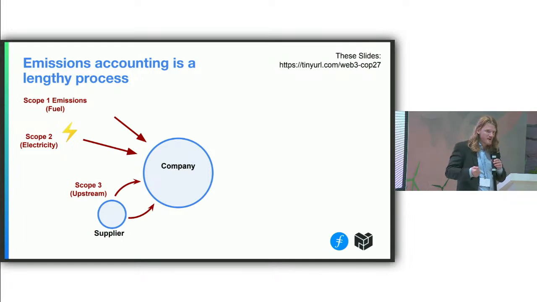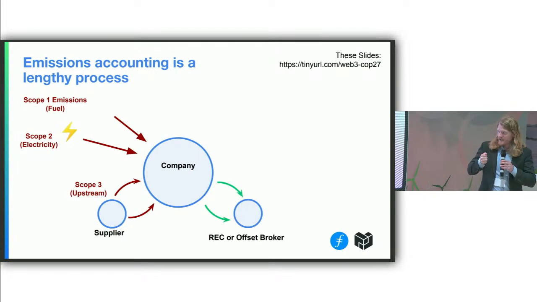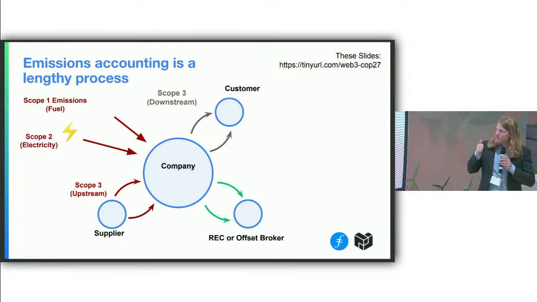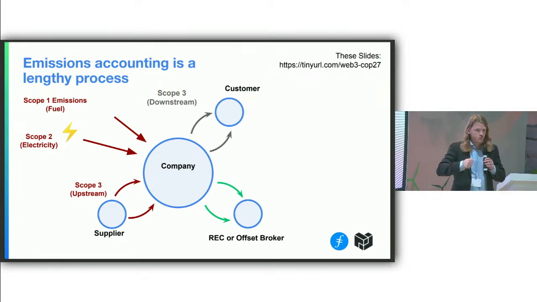What are my scope 3 emissions due to my entire supply chain? I need to model all of that. I need to audit all of that data. Then potentially I buy RECs or offsets or other financial products that allow me to lower my impact. And then I need to represent all of those emissions data in the downstream emissions intensities that I give to my own suppliers.